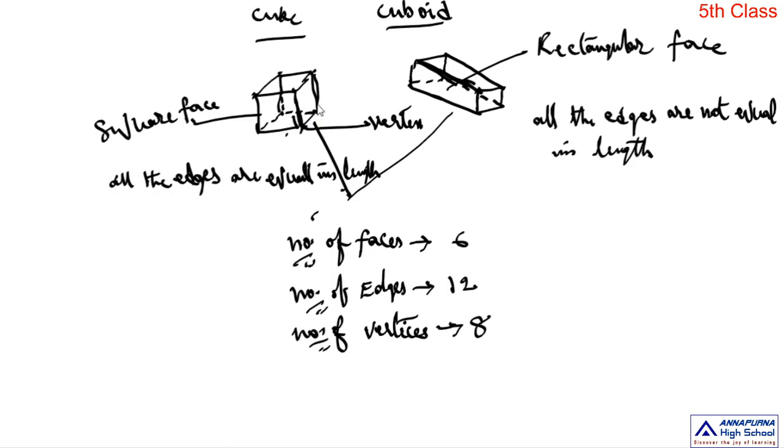These two edges are meeting at this point. This is the vertex. How many such corners are there? 1, 2, 3, 4, 5, 6, 7, 8. Therefore, 8 vertices are there.